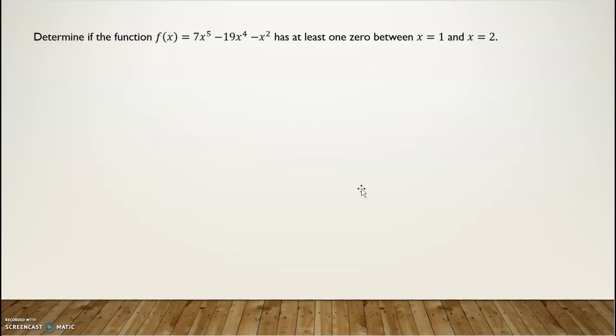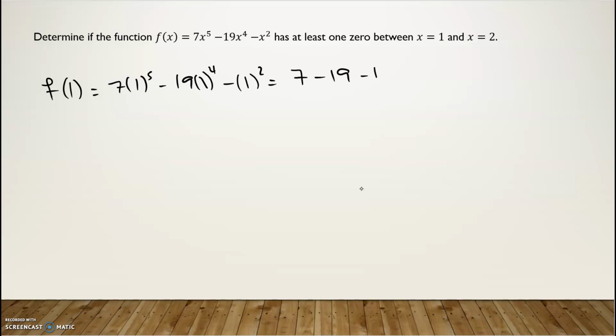Now let's look at this one. I'm going to do the same thing and plug in 1 for my function. That'll give me 7 minus 19 minus 1, which is negative 13. And we'll plug in 2.